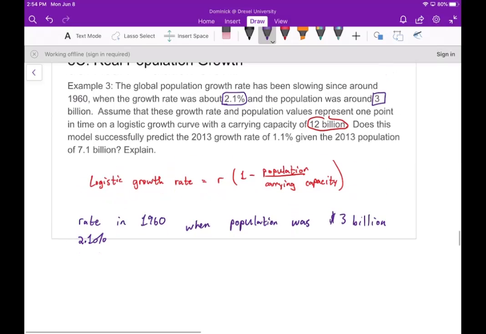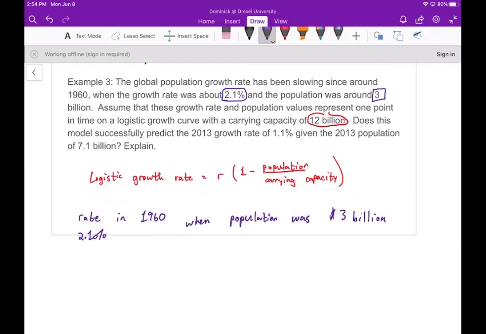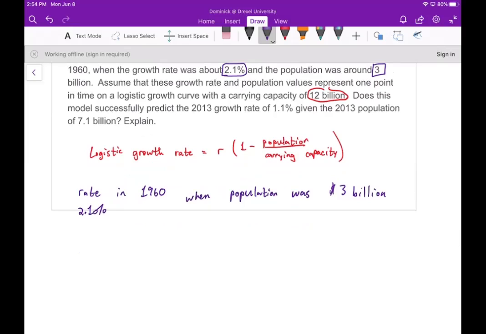Now, again, we don't know what our base growth rate is here, but we know that the logistic growth rate is 2.1% at some particular time. So this is equal to R times 1 minus the population, which is 3 billion, over the carrying capacity of 12 billion. So 2.1%, or 0.021, is equal to R, our base growth rate, times 1 minus 1 over 4.